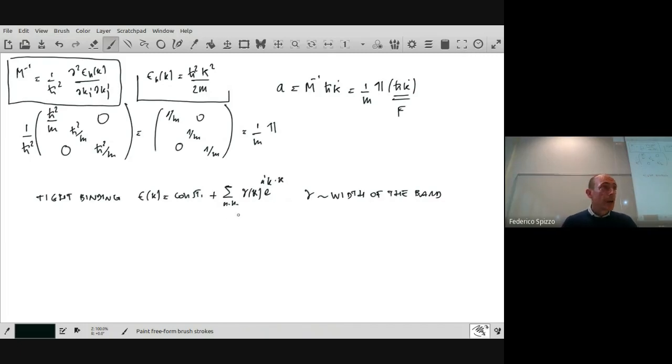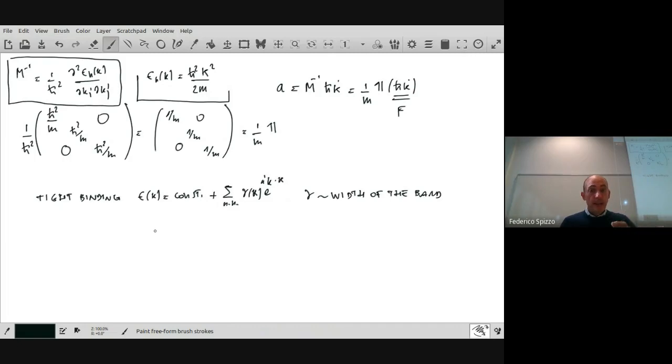So the intensity of the overlap integral gives us an idea of the width of the band, and the gamma integral depends on the superposition between orbitals belonging to different ions. So from the physical point of view, the larger the value of gamma, the larger the probability that the electron is able to jump from one ion to the next and propagate through the solid.